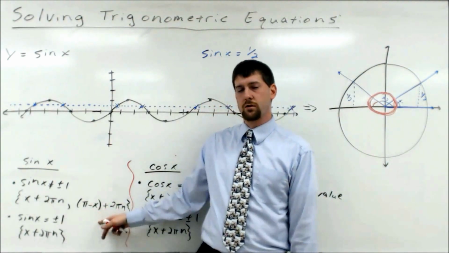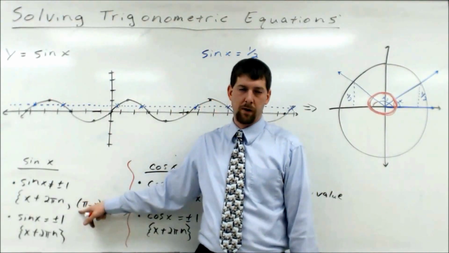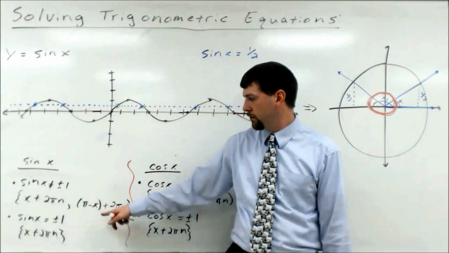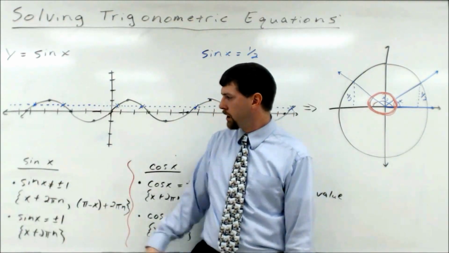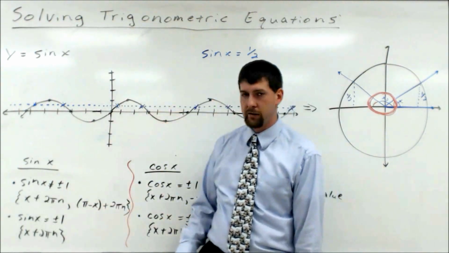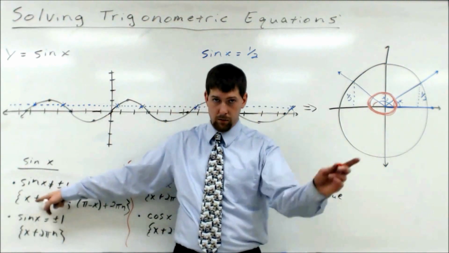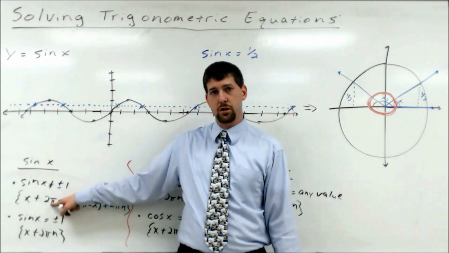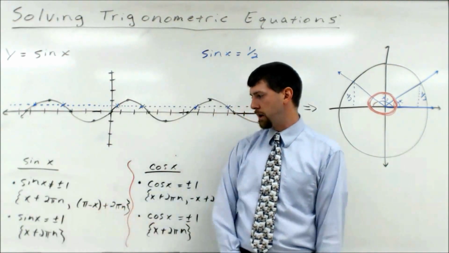So the other solution, because there are two solutions, is 180 degrees or pi minus the angle plus 2 pi n. And we'll start throwing numbers in here and I'll clean it up in a minute. So anytime we're not equal to 1 or -1 for sine, it's going to occur at the angle, whatever we get for that angle, plus 2 pi n, and then the supplement of that angle plus 2 pi n.